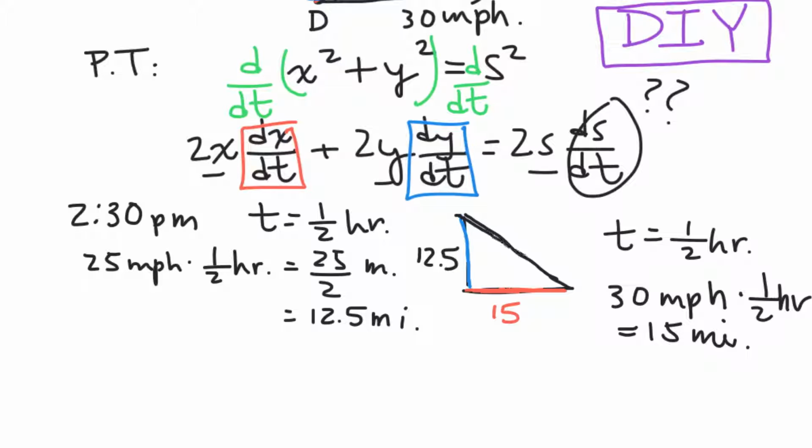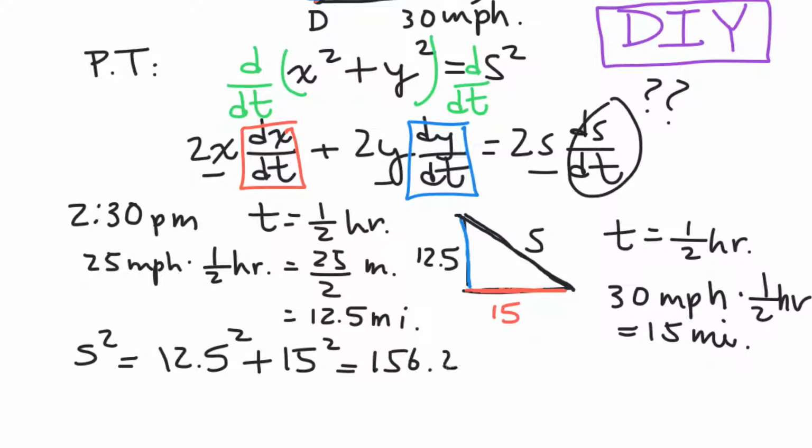Now we have to determine s, and then we will know everything we need to solve for ds/dt. So I'm going to stop and let you try and find s and finish off the problem. Using the Pythagorean theorem, we have that s squared is equal to 12.5 squared plus 15 squared, which is, using our calculator, 156.25 plus 225, which is 381.25.